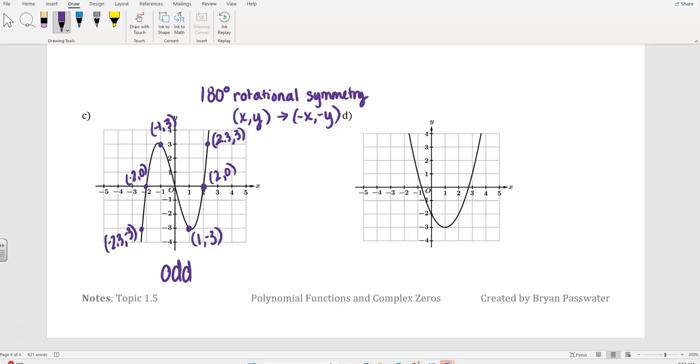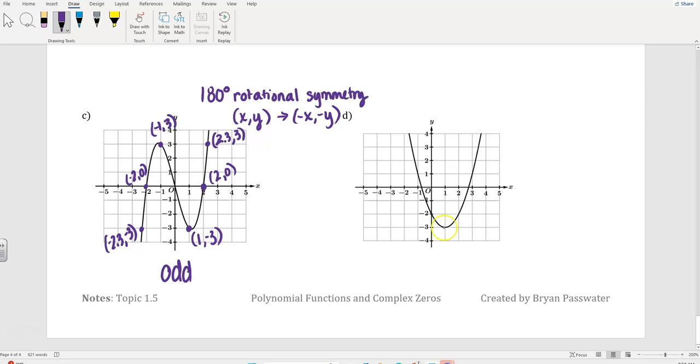Now, if I check that over here, I can tell y-axis symmetry is much easier to see, right? This does not have y-axis symmetry. If I fold this in half on the y-axis right here, the two sides do not match up. If I check for 180-degree rotational symmetry, like you can probably tell if you rotate that, it's going to be upside down. It's not going to look the same.